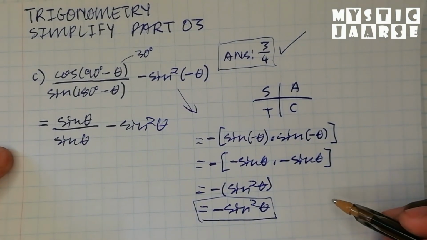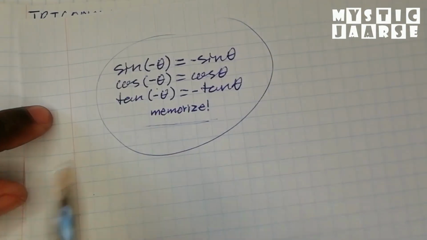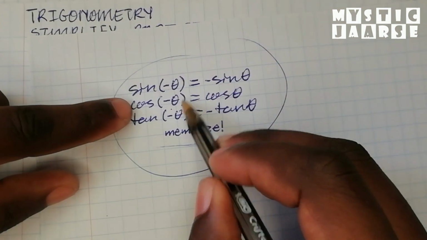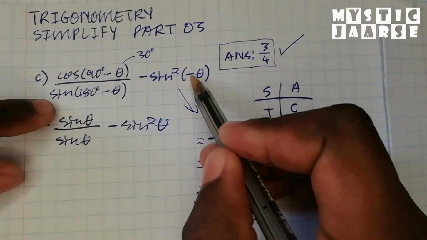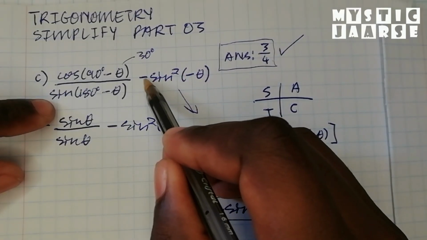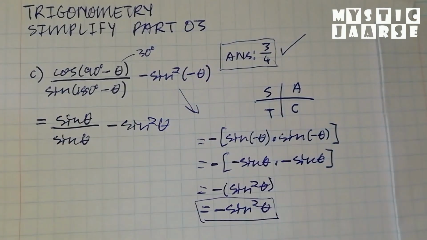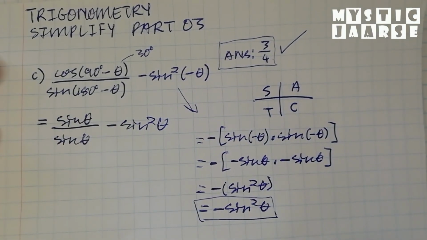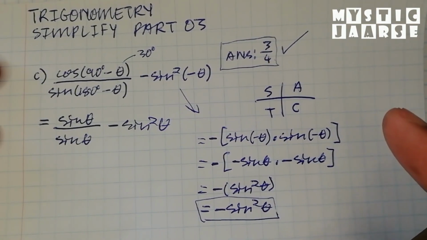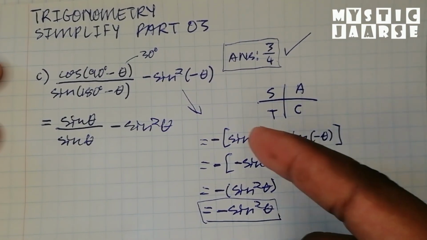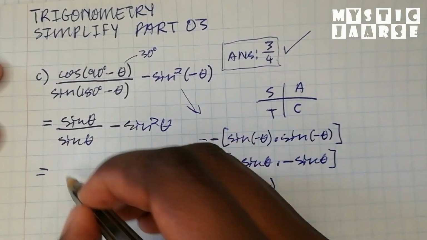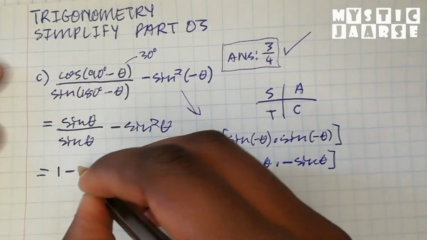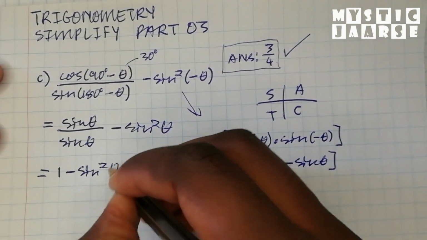You see, if you rushed and said, it's going to be negative sine theta, and then this negative is going to multiply by this negative and you'll get a positive, you were going to get it wrong. So yeah, don't rush, expand, and then simplify. So we have sine theta divided by sine theta, that's 1 minus sine squared theta.